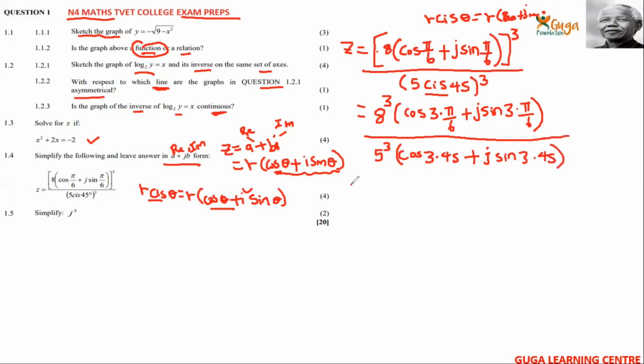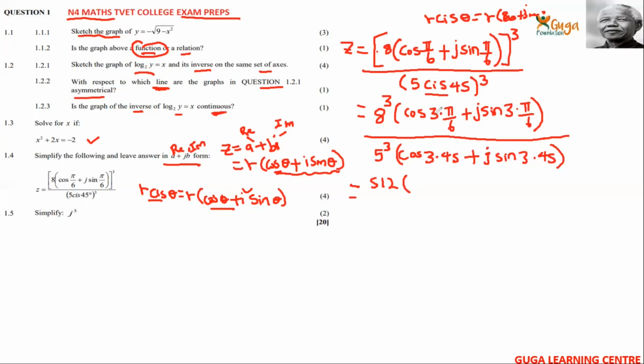Okay, so what is 8 to the power 3? You have got 512. Okay, now we're working on the angle. 3 multiplied by pi over 6 is in radians. You have to convert it to degrees, right?